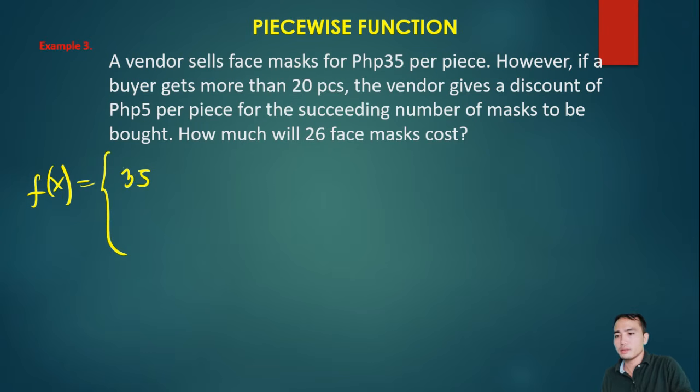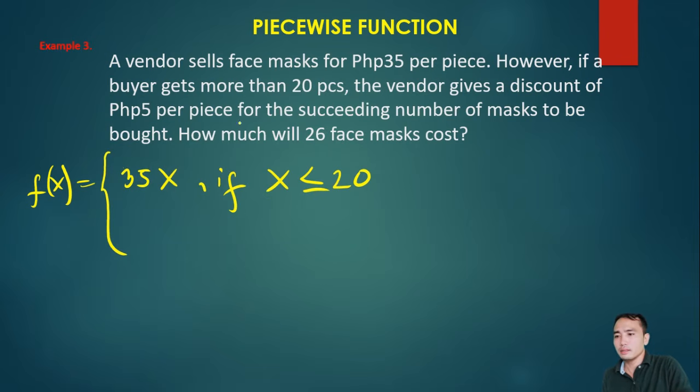35 times x, if the buyer gets less than or equal to 20. Okay?